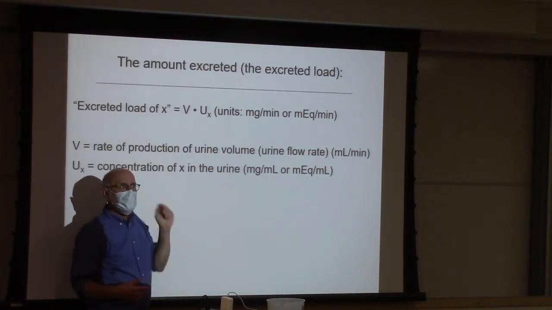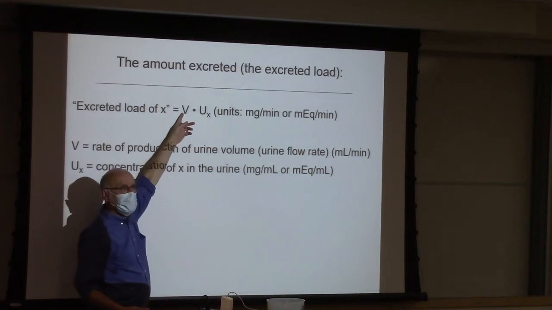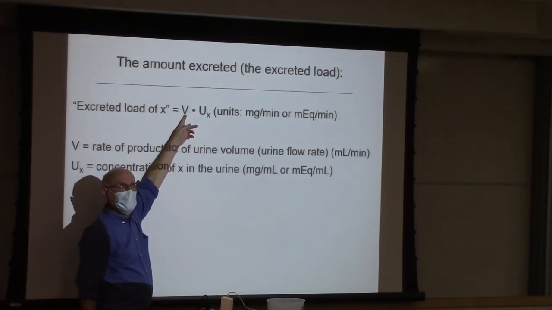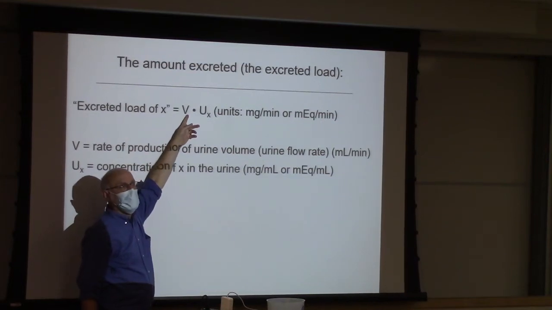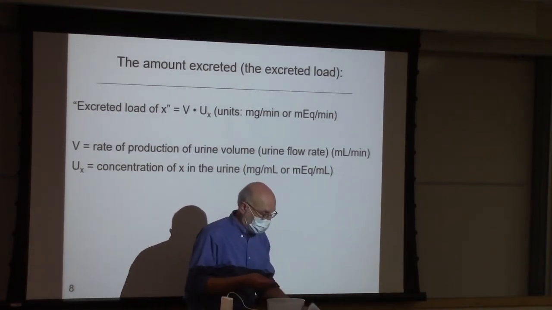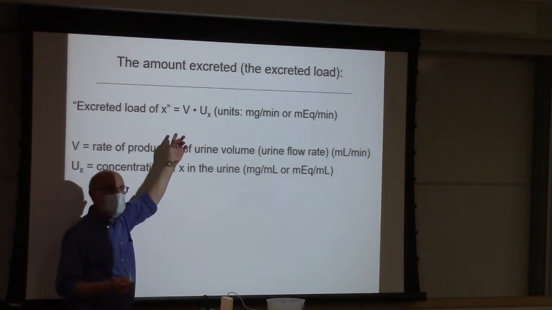When we talk about volumes now, we're really talking about flow rates. So even though I use the word V, it really should be V dot. Volume per minute. Typically it's milliliters per minute of urine. It's typically around 1.5 to 0.5, somewhere in there.